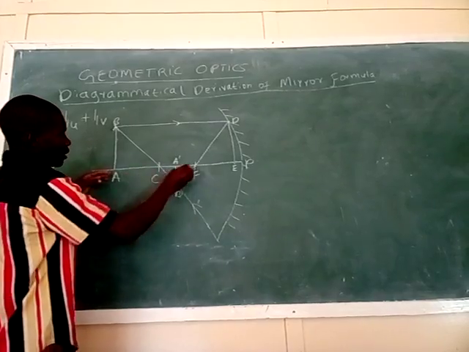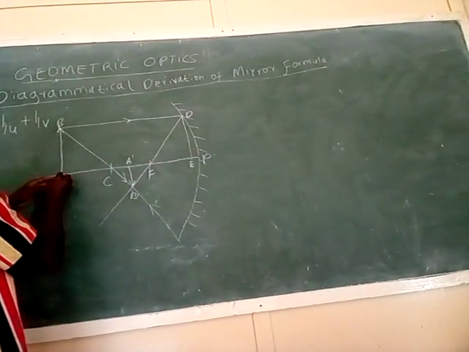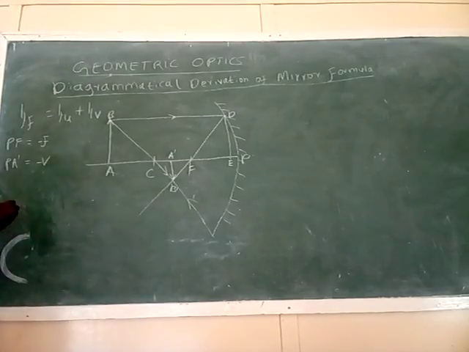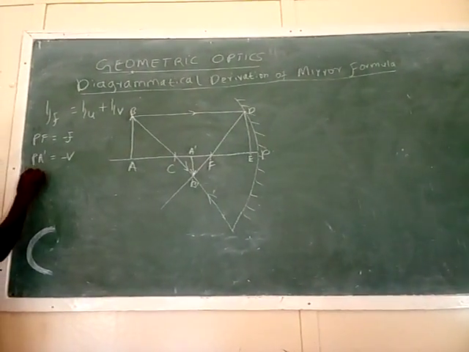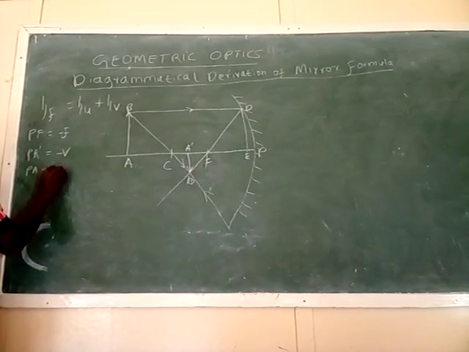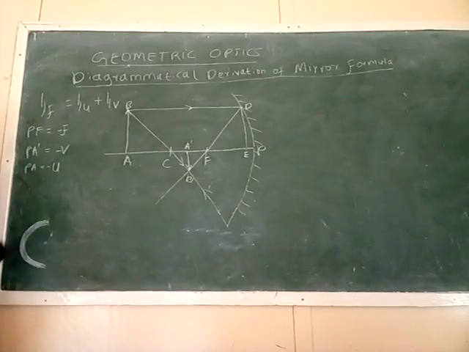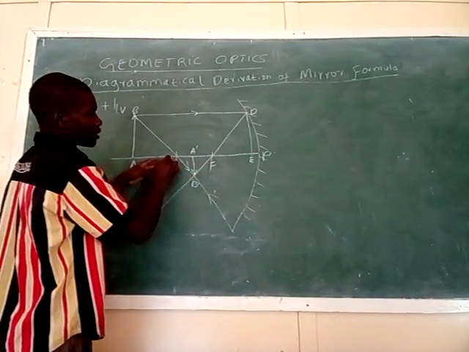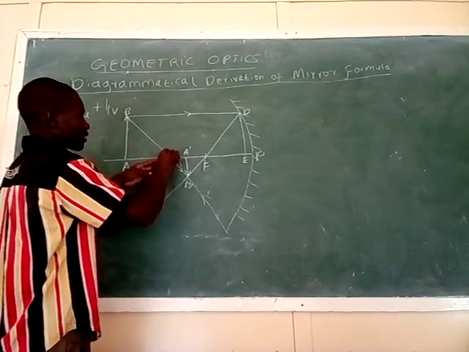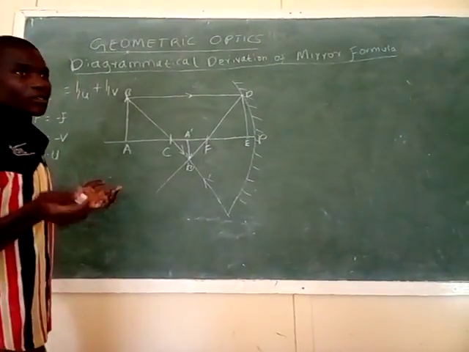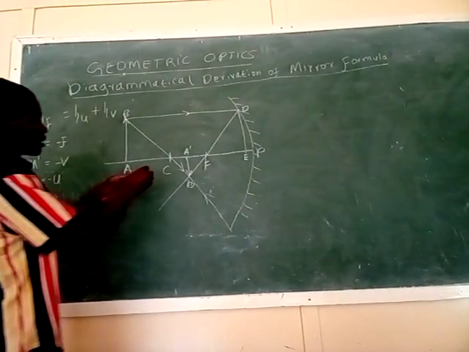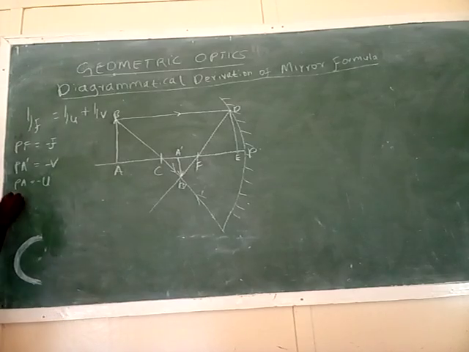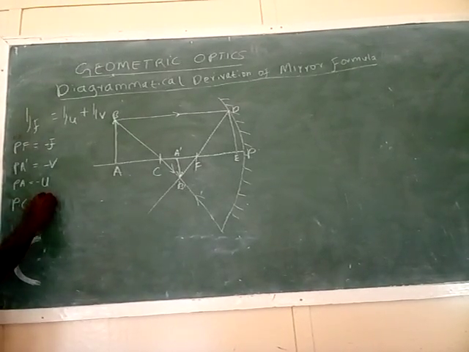The distance from the pole of the mirror, P, to the object is the object distance, which we call U. So PA is equal to U, and we introduce a negative: negative U. Then we have the distance from P to C. C is the center of curvature, the center of the sphere of which the mirror is part. P to C is denoted by negative R.